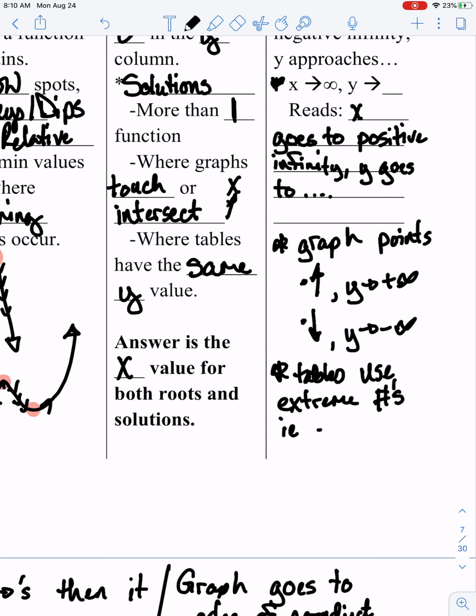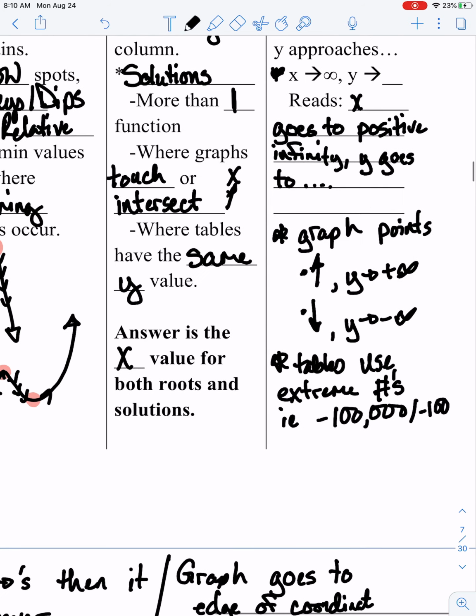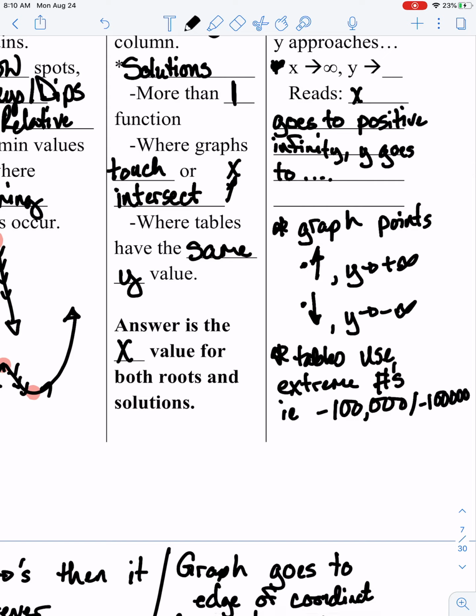Such as negative 100,000 or negative 1,000,000. Like positive 100,000 or 1,000,000.